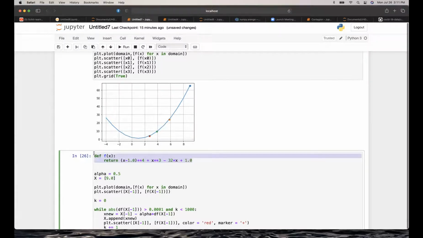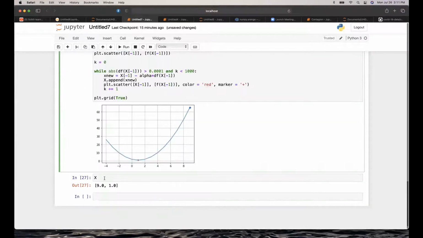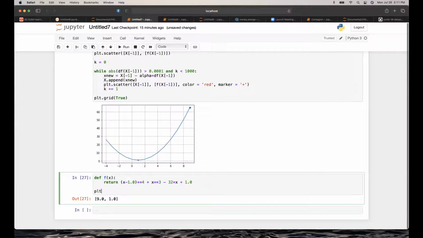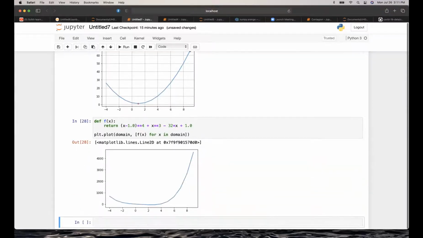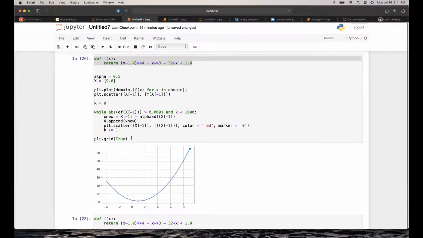I wonder what this even looks like. What does this function look like? There. It's kind of wonky, I suppose. But we can still run gradient descent and see what happens with it. So let's go ahead and do that.